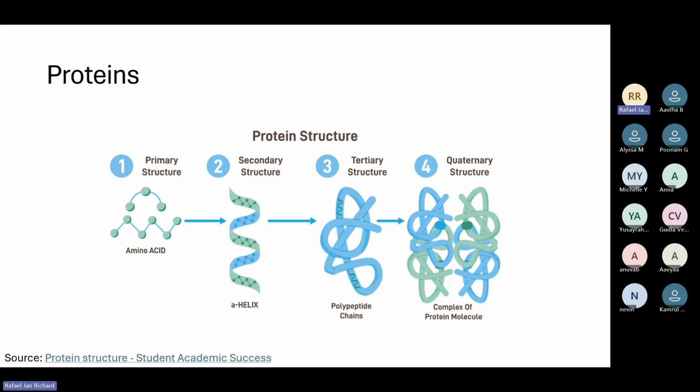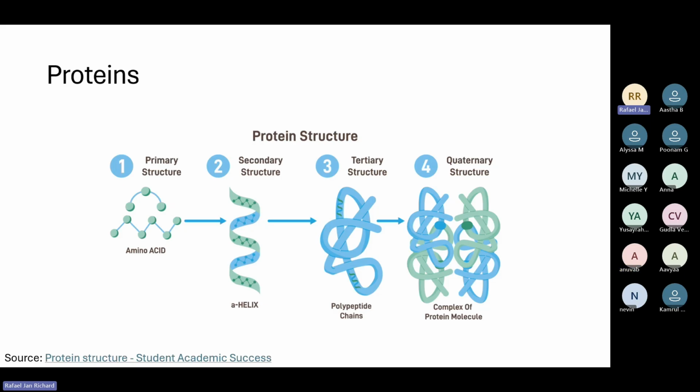And based on that order, there can be a secondary structure, which can be an alpha helix, or there are also beta sheets that are more like folded chains of amino acids. And then there's the tertiary structure, which is kind of the three-dimensional form of a protein.